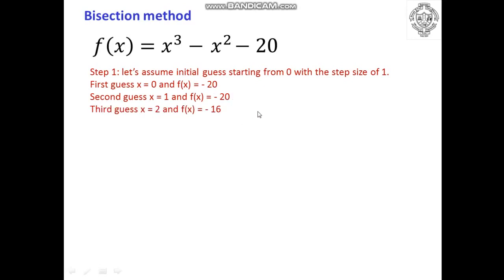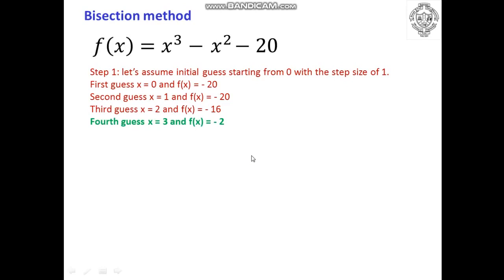So I will assume the value of x as 2, and the respective function value is minus 16. Here also the sign is the same, it is not opposite. So if you consider the interval of 1 to 2, you will never find any root in between these two.